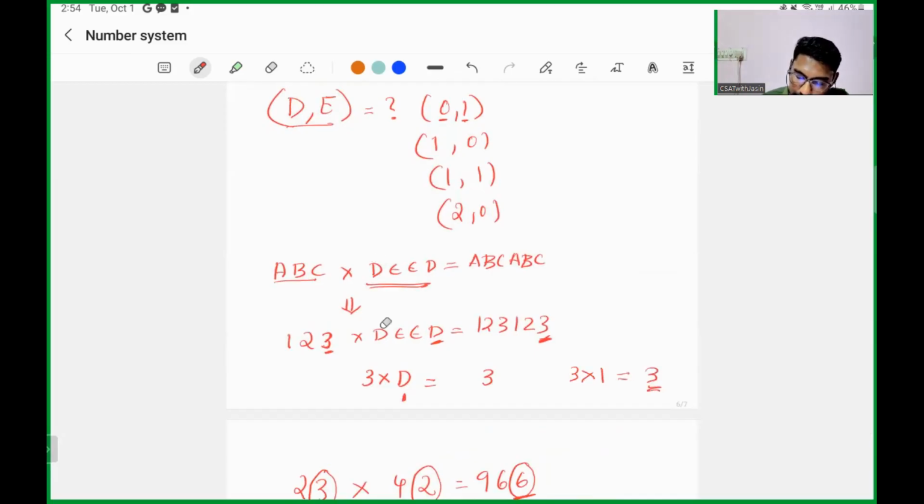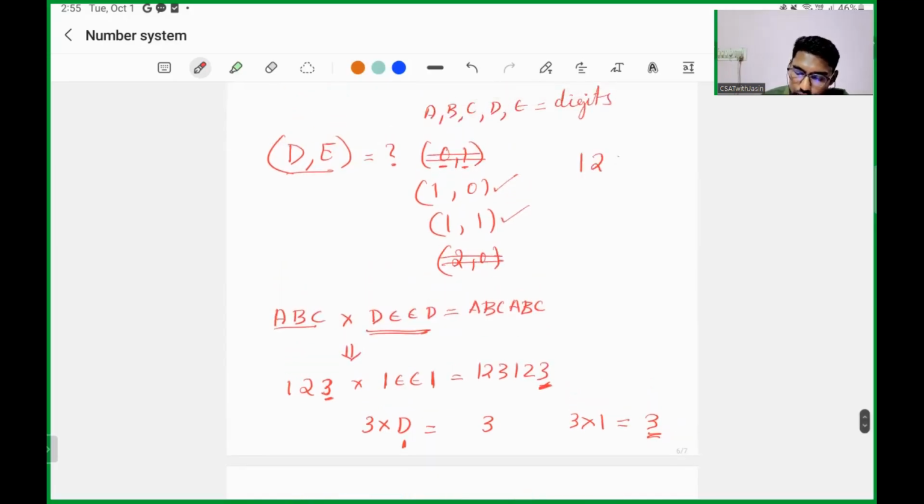So now you can change this D to 1. So 123 into 1 is 123. Now if D is 1, you can eliminate this option and this option. Now you have only 10 and 11. So just substitute, I am just taking this option.